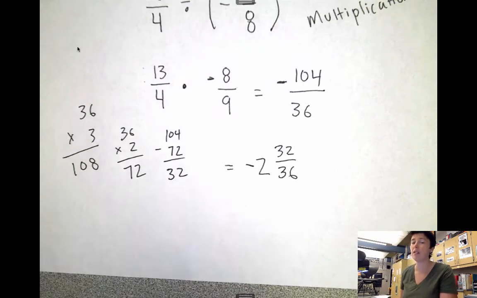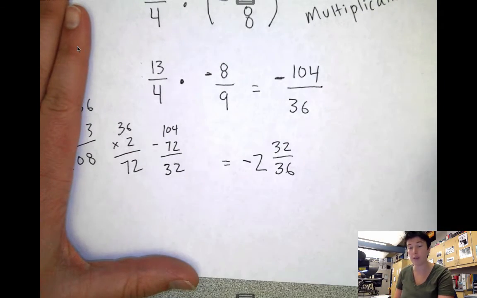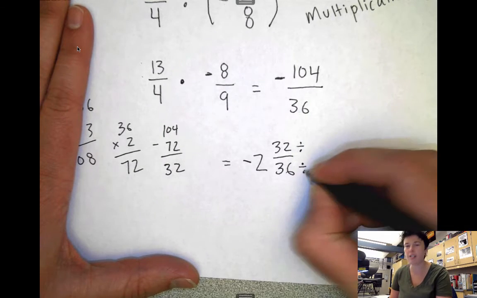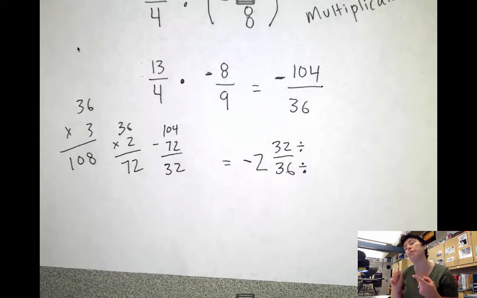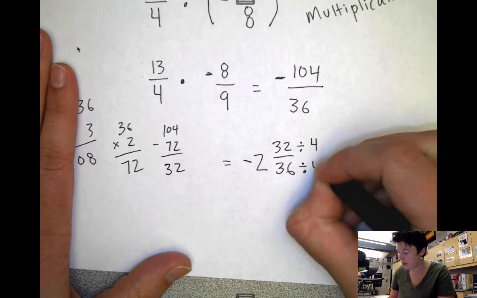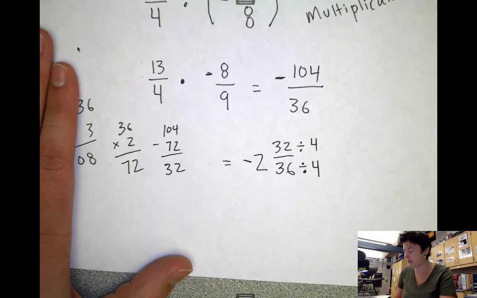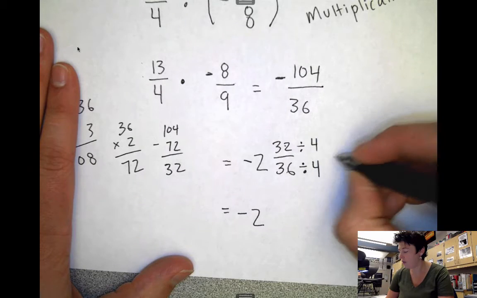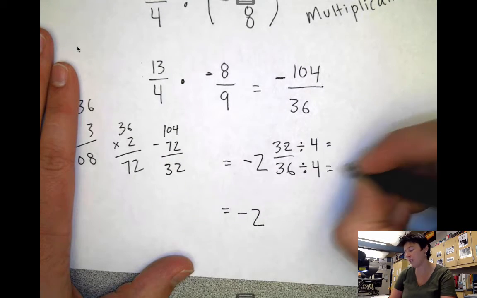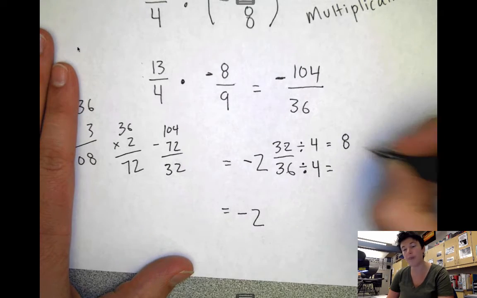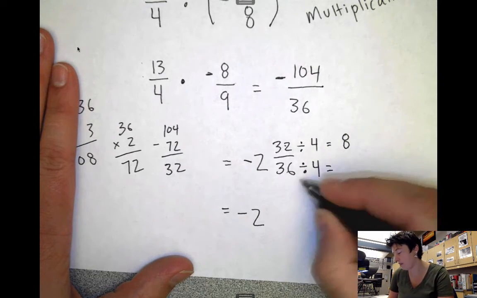So I'm almost done, and I'm feeling really good now. I'm going to divide this down a little bit though. What do 32 and 36 both divide by? They both divide by 2, and I think they both divide by 4 also. So let's divide by 4 to shrink the fraction down and simplify it. 32 divided by 4 is 8, and 36 divided by 4 is 9.